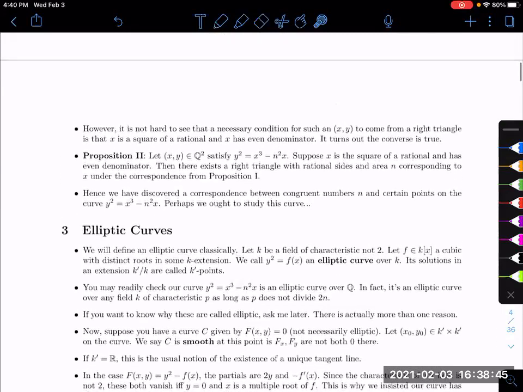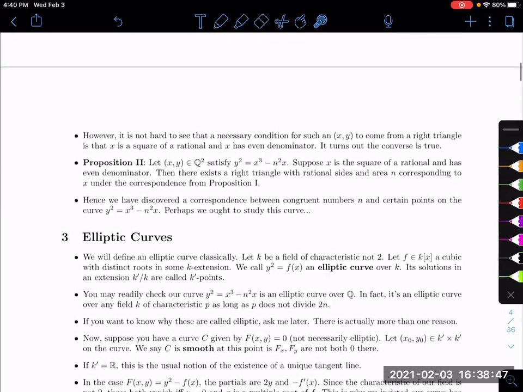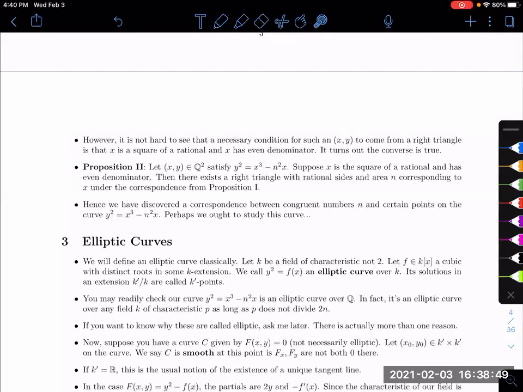First, let me give you the full definition of an elliptic curve, classically speaking. We're going to take K to be a field which has characteristic not 2, and that really just has to do with smoothness conditions on the curve. Remember earlier I said we want our curves to be smooth. It also has to do with normalization, but I'm not going to get into that.